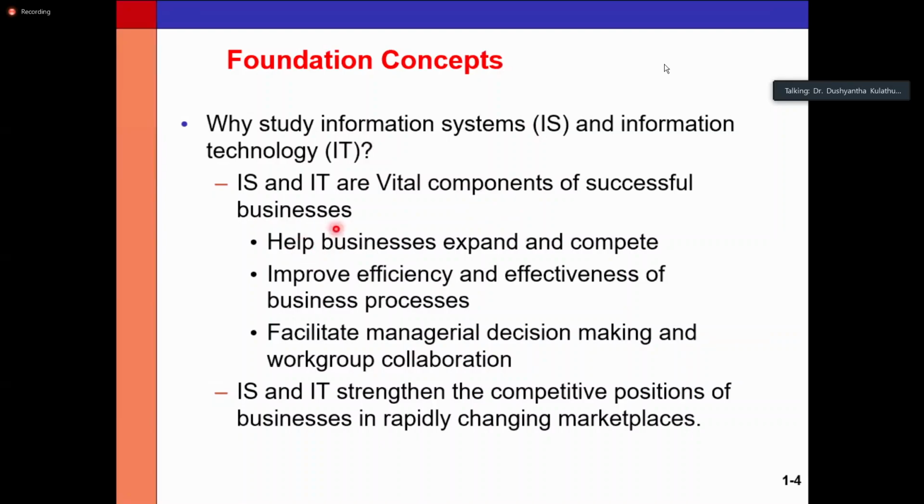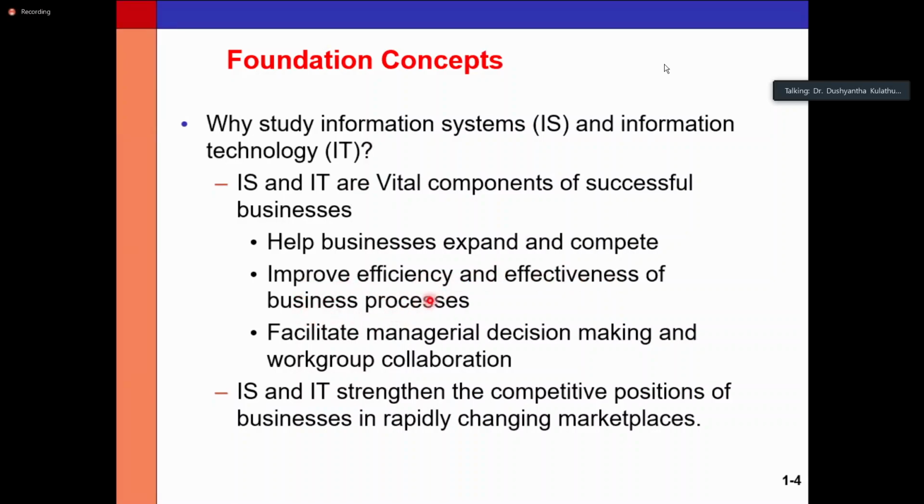So we need to know about IT and IS, and they are considered important components of organizations because they can help businesses expand and compete. They can help business organizations expand their operations and compete with their competitors in a more effective manner. Then, improve efficiency and effectiveness of business processes.